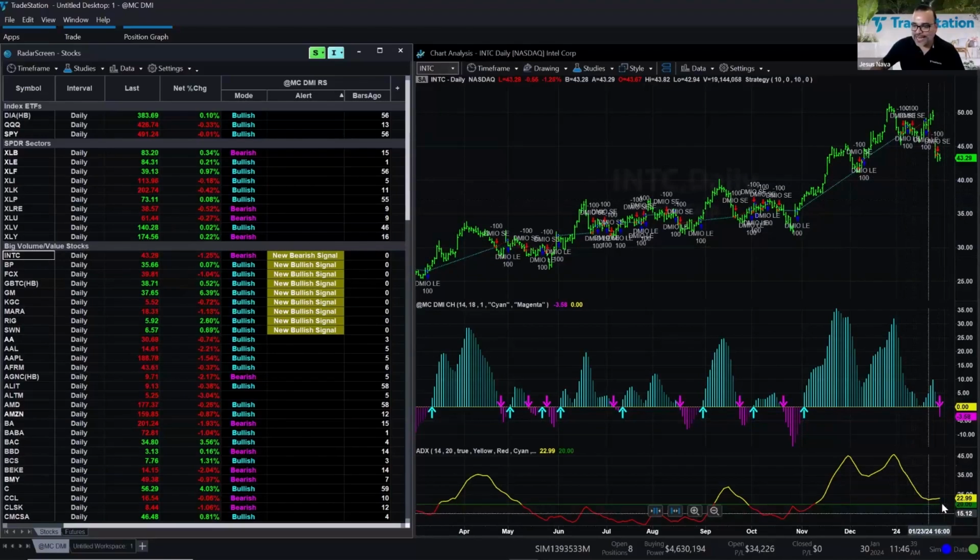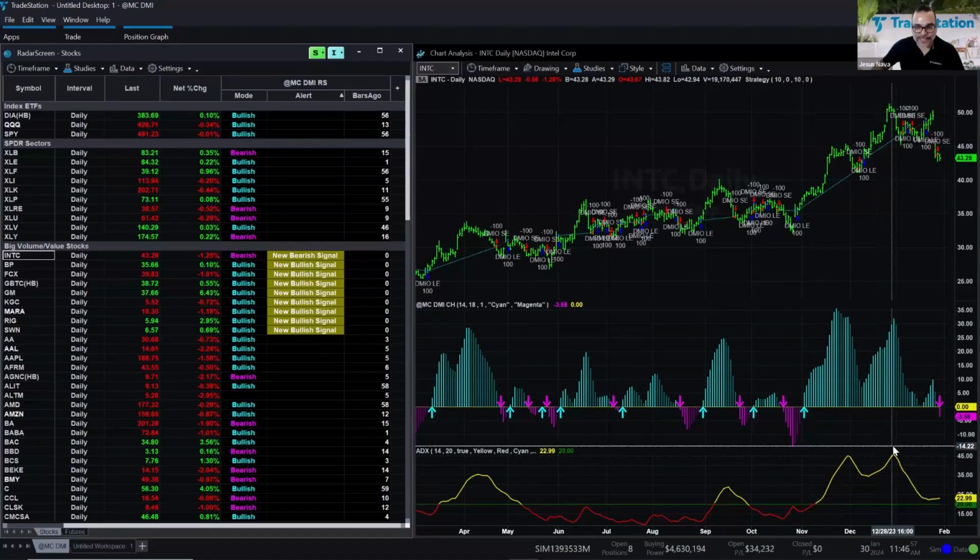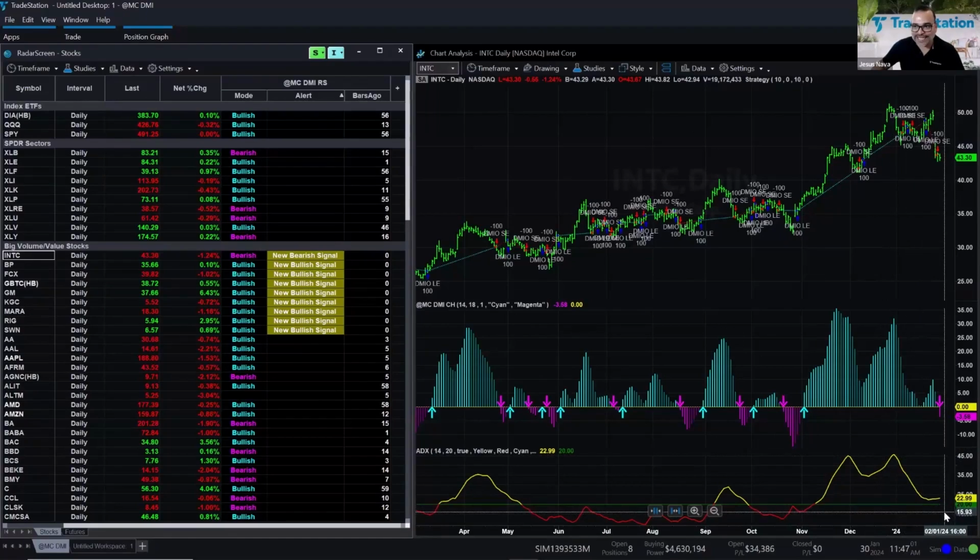If you look at the ADX value, the ADX value is around 22.99. Everybody sees the ADX value down here. Historically, Intel has been very low on the ADX in relationship to its peaks I'm talking about. So maybe the threshold of 20, it's still a little high.